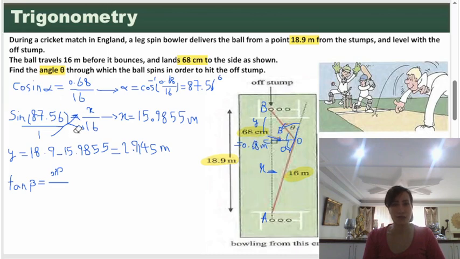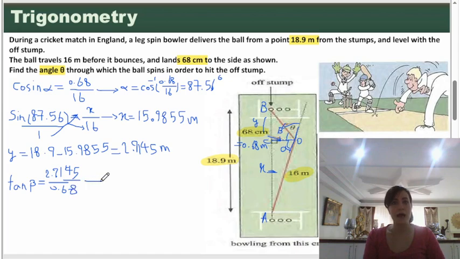Let me substitute the amounts that I have. The opposite side of beta is y, which I found, 2.9145, over the adjacent side, 0.68.